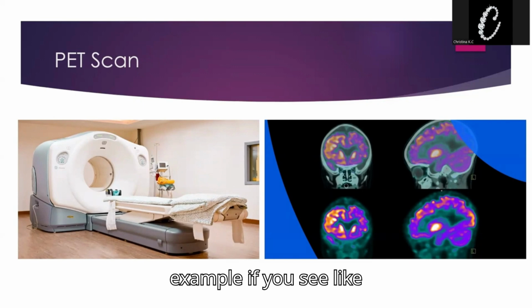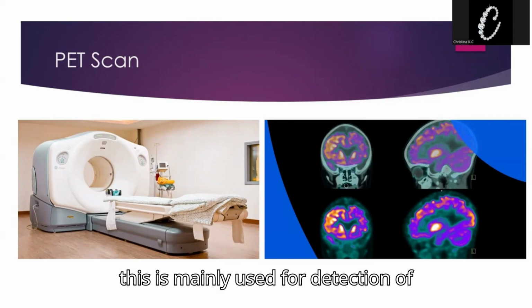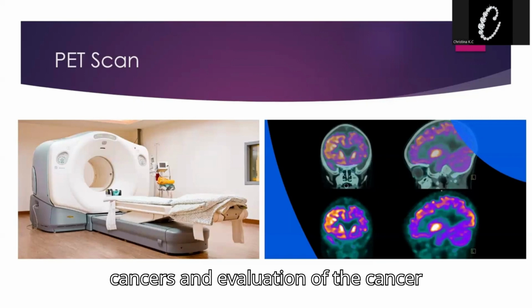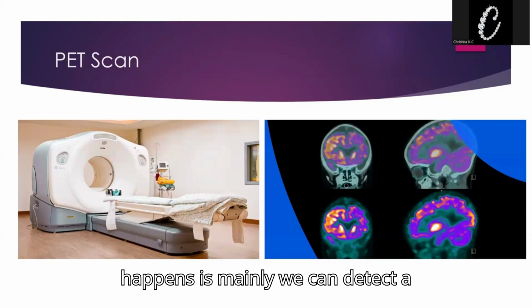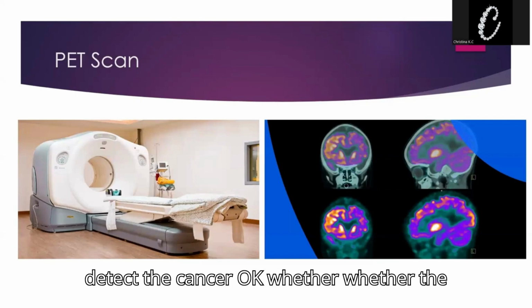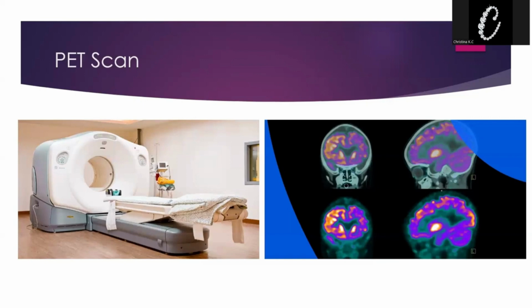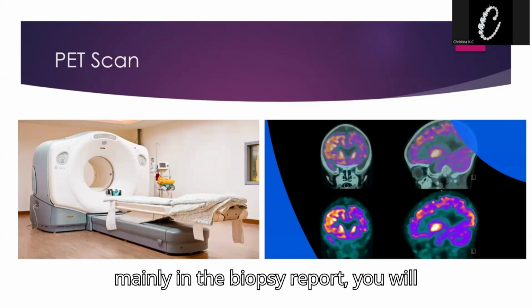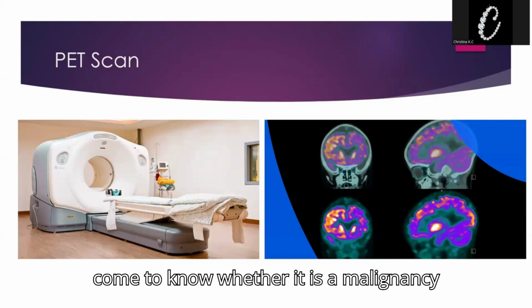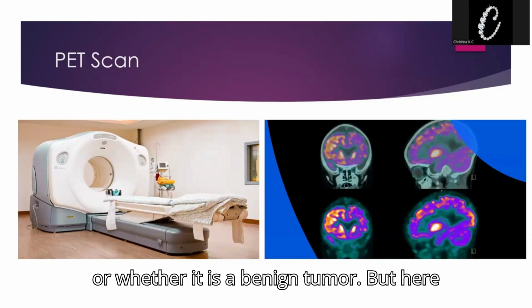For example, this is mainly used for detection of cancers and evaluation of the cancer treatment. Mainly we can detect whether the patient is suffering from cancer, whether it is a malignant tumor. In the biopsy report, you will come to know whether it is a malignant or a benign tumor.